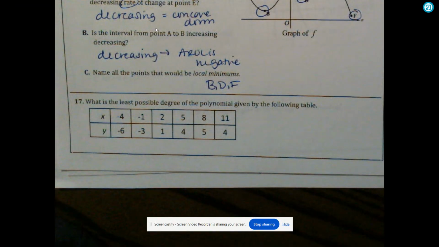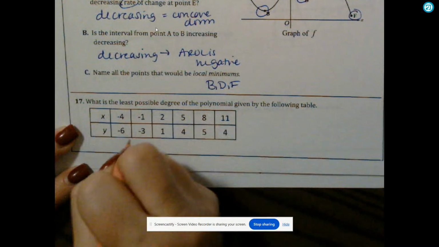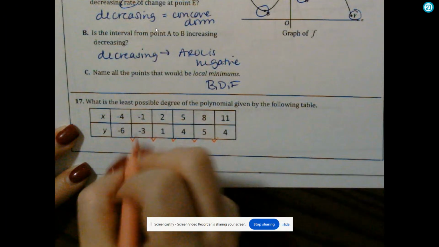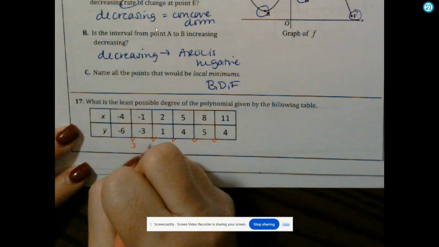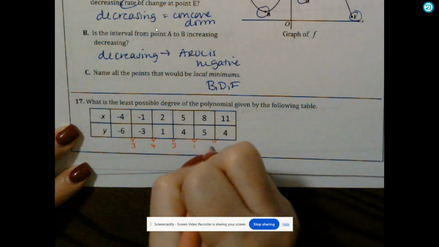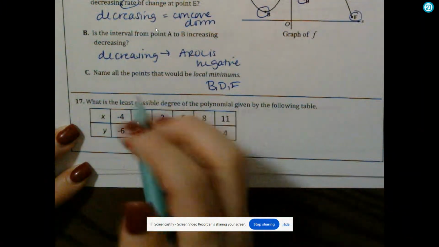All right, what is the least possible degree of the polynomial given by the following table? All right, so this is the differences. I'm going to have to write kind of small here. My first differences would be 3, 4, 3, 1, and negative 1. Well, those aren't the same.